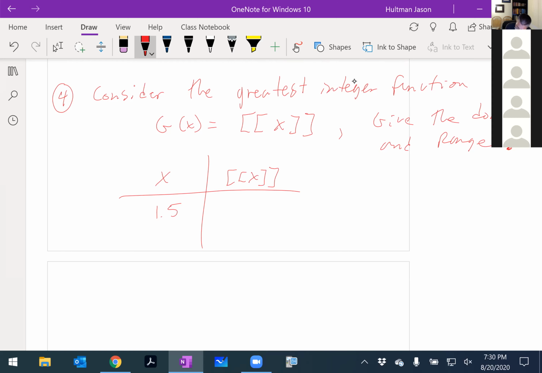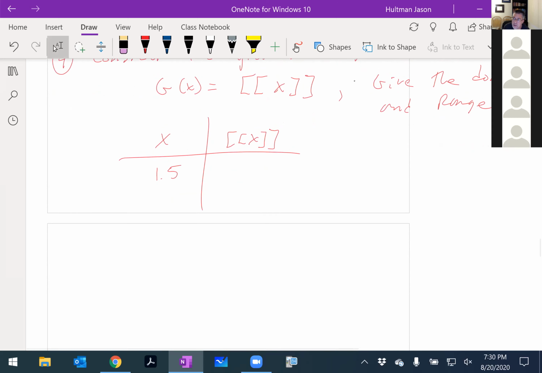Then what would be the greatest integer that we had gotten to? The biggest whole number? 1. How many whole dollars do I have? I have one whole dollar, so that's 1.